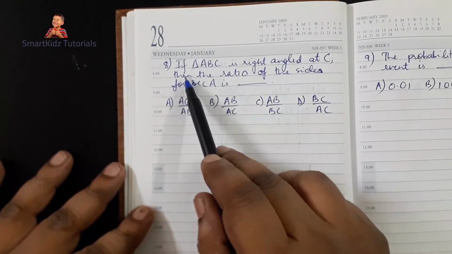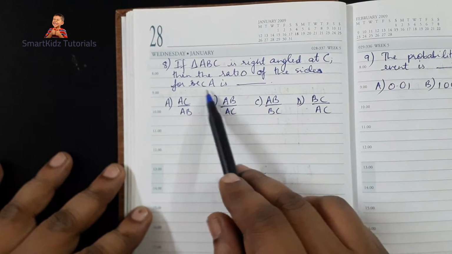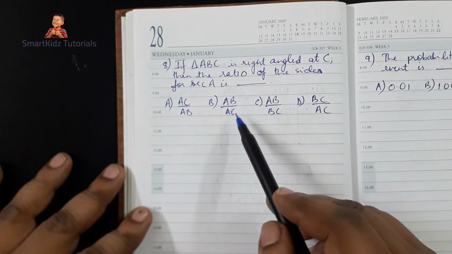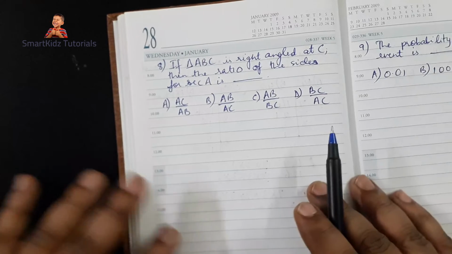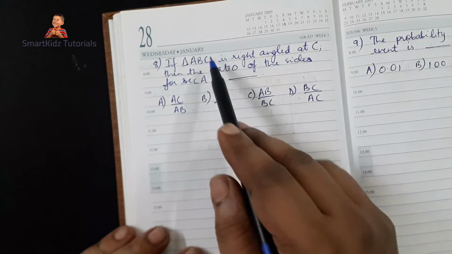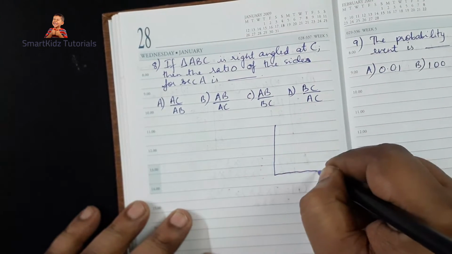Next question. If triangle ABC is right angled at C, then the ratio of the sides for sec A is AC upon AB, or AB upon AC, or AB upon BC, or BC upon AC. To find out what it is for sec A, we will have to first draw the right angle triangle. We will just draw a rough one over here.